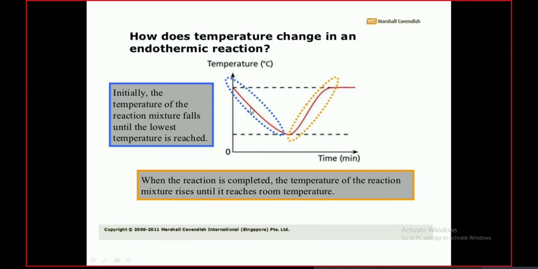So from the graph, we can read and predict whether this is an exothermic or endothermic reaction. Graphs can easily explain whether we are talking about exo or endo. If the temperature drops from the room temperature, that's an endothermic reaction. If the temperature rises from the room temperature, it's an exothermic reaction.